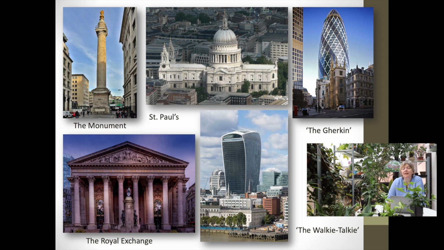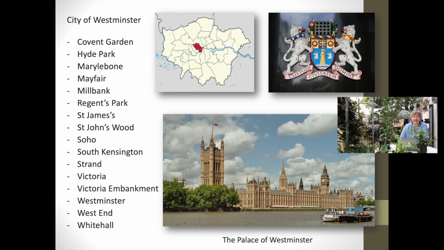However, probably the most historically interesting borough is the City of Westminster. So these two places, the City of London and the City of Westminster, have the city in their name, and Westminster was just the next town from London.